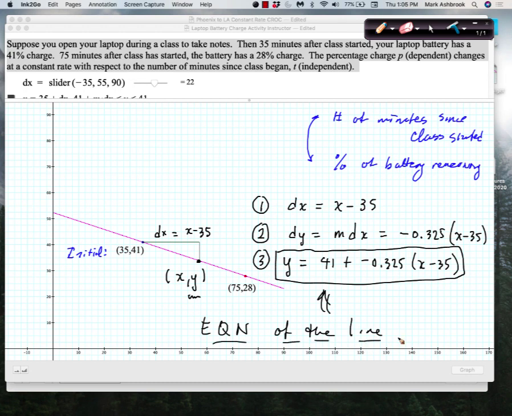But more than just the equation of the line, it's showing what? It's showing all correspondence points of two quantities when you have a constant rate of change relationship. Is that what we're talking about, dx and dy?